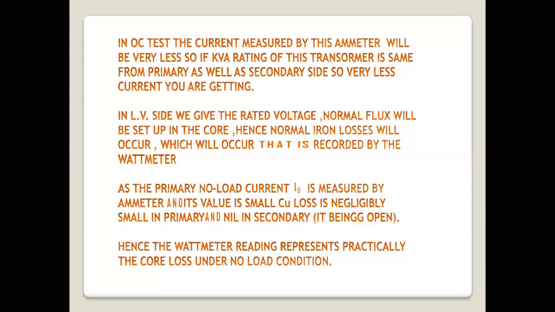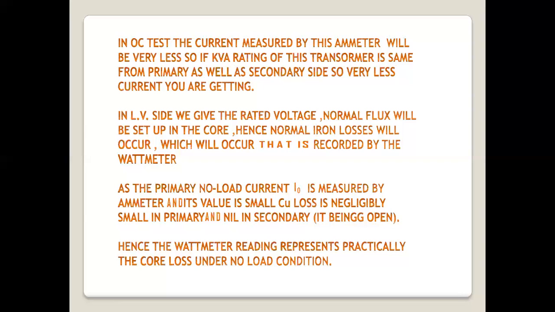The wattmeter is generally used to measure power, and this power is nothing but the iron losses, because in the low voltage winding where the rated voltage is given, it will set up a normal flux in the core, and the loss, that is the core loss or the iron loss, is recorded by the wattmeter.